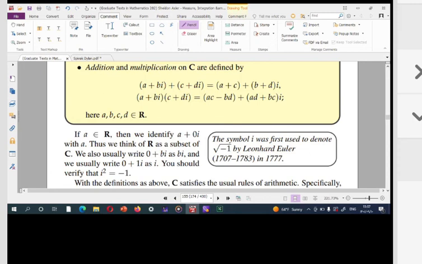And this is the definition of multiplication in complex numbers: (a plus bi) multiplied by (c plus di) equals this complex number, for any two complex numbers. Please note that a, b, c, d are real numbers.